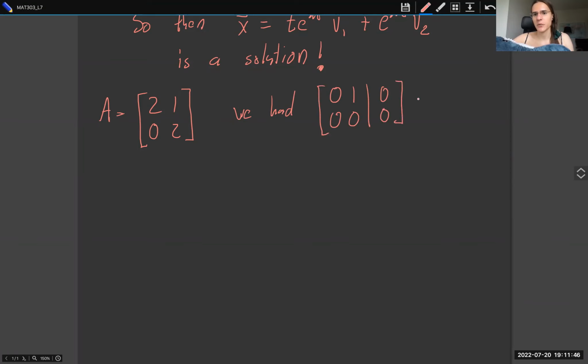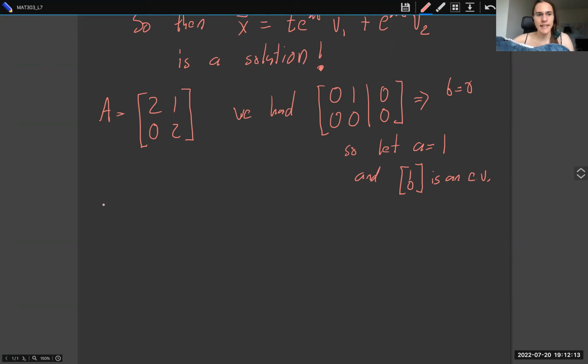What we got as a result was B equals 0. So (1, 0) is an eigenvector. But now we want to find something that gets sent by A minus lambda I to (1, 0).